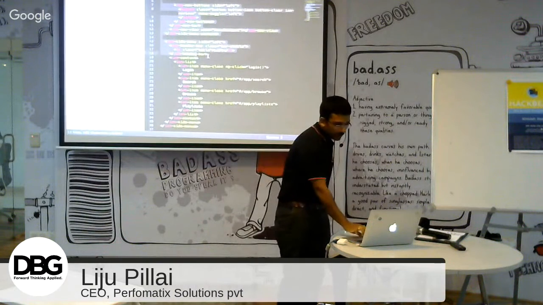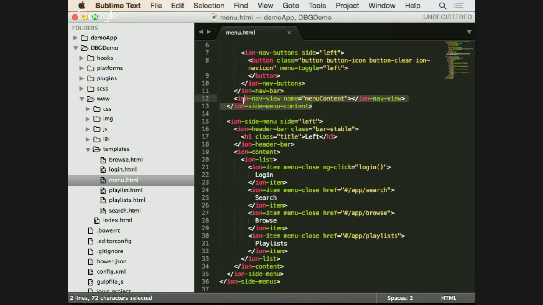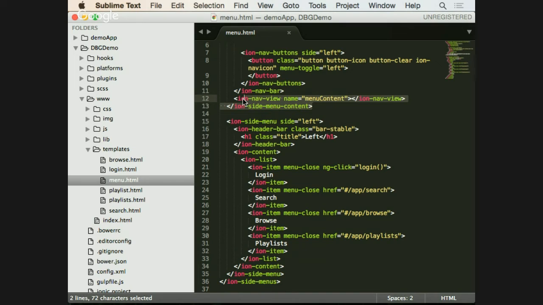So in this menu, see, this is the side menu content. This was part of that template which we took. Ion-side-menu is basically a directive they built, and if you want to add a side menu, all you have to do is put ion-side-menu into your code.